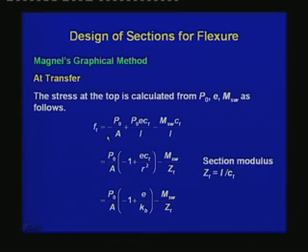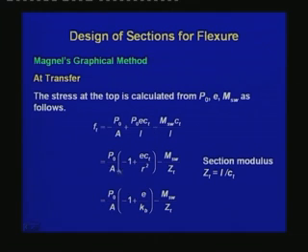First is the uniform component, which is minus P0 by A. The second is the component due to the eccentricity of the pre-stressing force, which is positive due to the tensile at the top, which is P0 times E times Ct divided by I, and then the third term, which is due to the self-weight, and it is negative since it is compressive due to the self-weight, and that is equal to minus MSW times Ct divided by I.